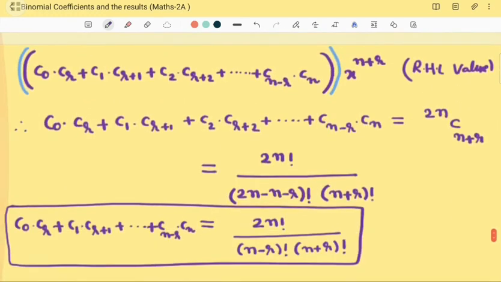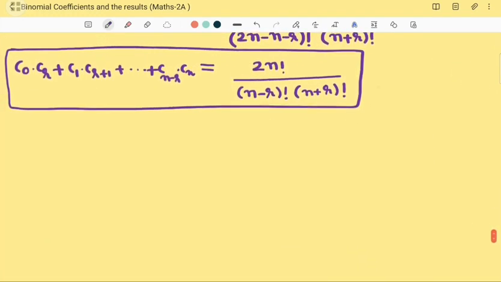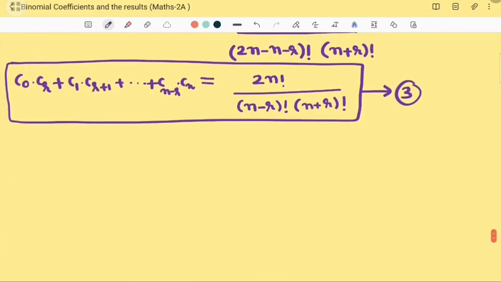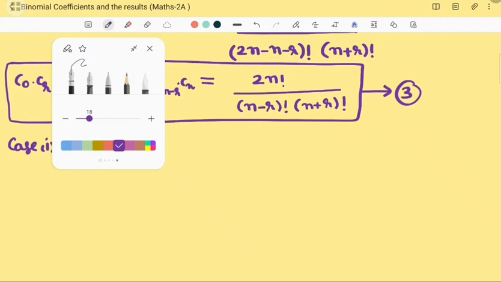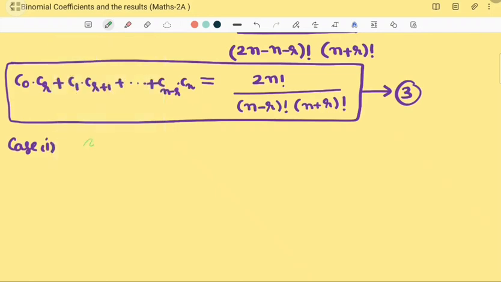First, to get the first result, you keep this value as equation number 3. Case 1, case 2 we will take. Put r equal to 0 in equation 3.